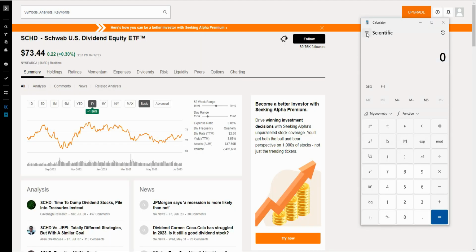So to illustrate this concept, let's say that you invested $10,000 into SCHD today. That will buy you roughly 136 shares, and your dividend for the year would be about $354. So the $10,000 you invested gives you $354 in dividends, which works out to about 3.55%.